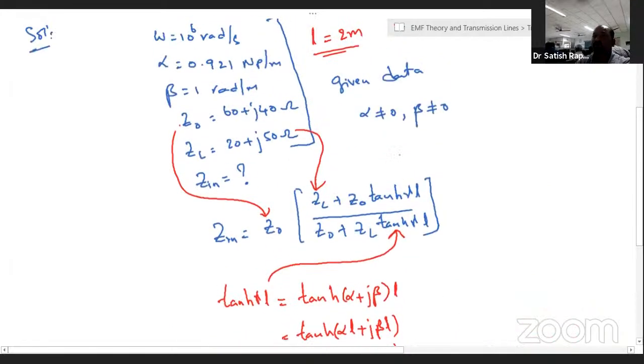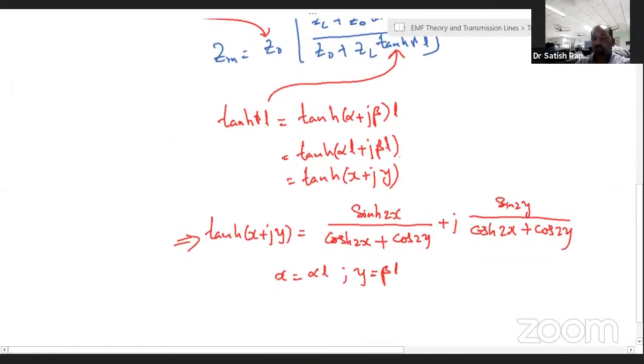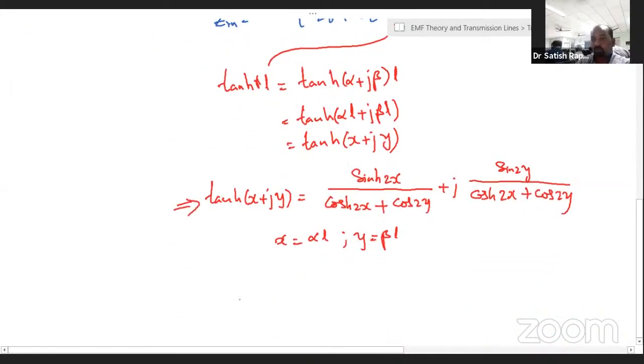So if you do so, after simplifying, you will get the input impedance 60.25 plus j38.79 ohm. This is the answer you are supposed to get.